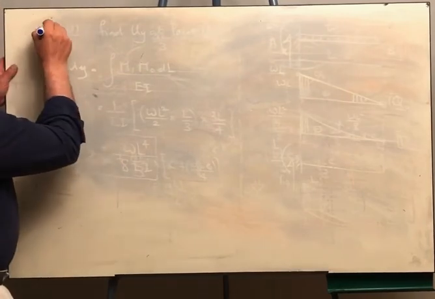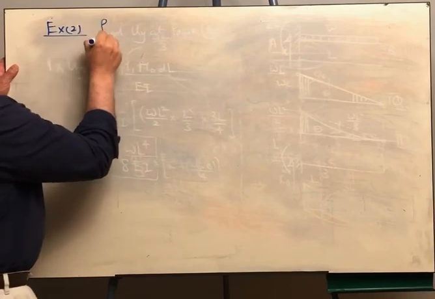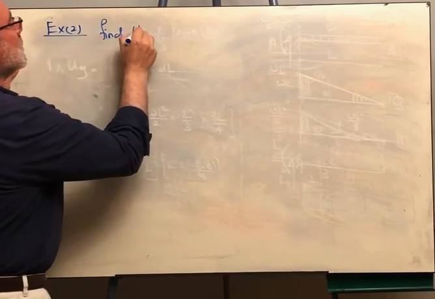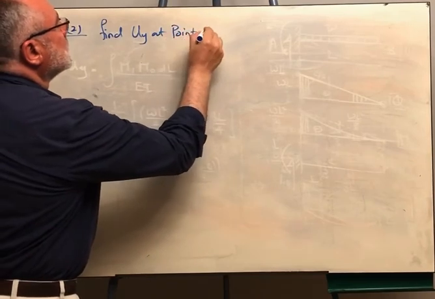So example number 2, find the vertical deflection at point C.